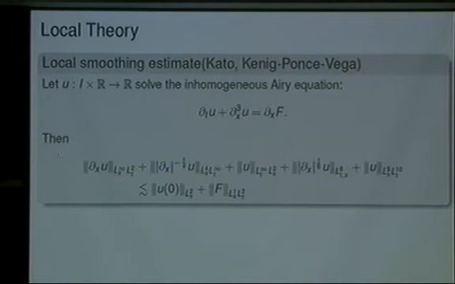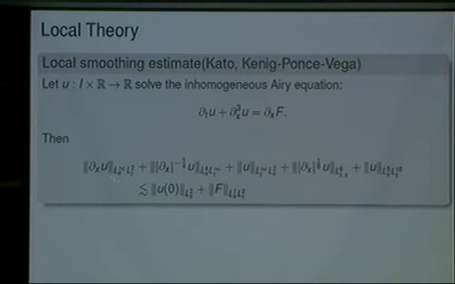So that is written in this form. Because of the first term, we usually call this estimate local smoothing. You can see one derivative of u, where u is the linear solution for this inhomogeneous problem.